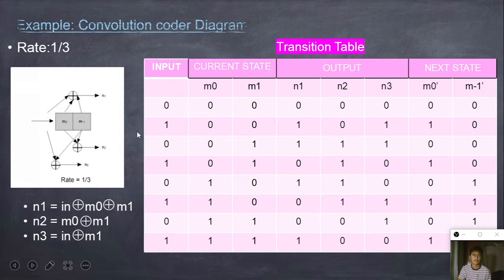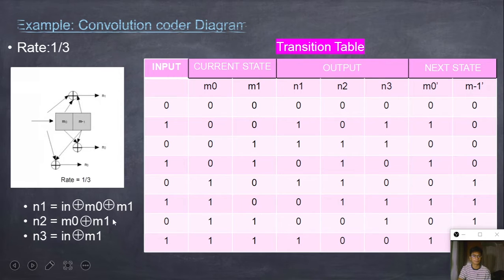Next, if the input is 1, M0 is 0 and M1 is 0, then for N1, input 1 XOR M0 0 XOR M1 0, the output is 1. For N2, M0 is 0 XOR M1 is 0, the output is 0.